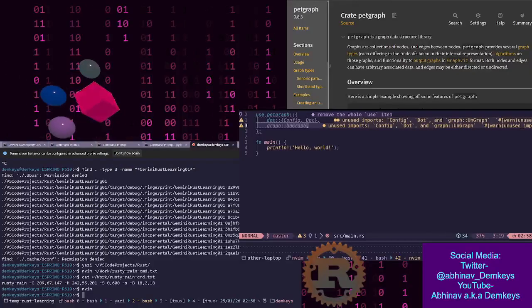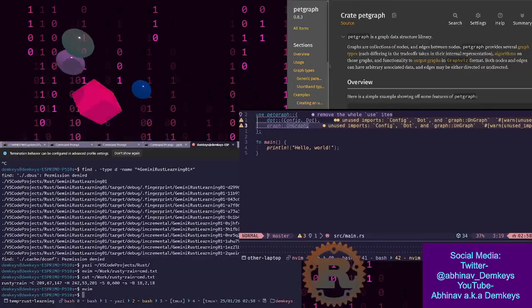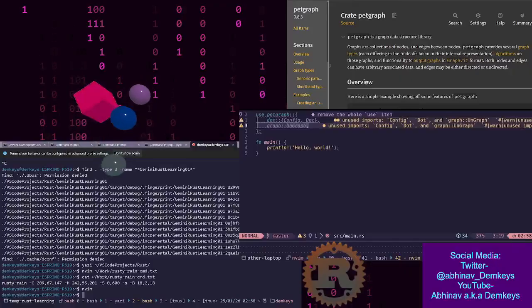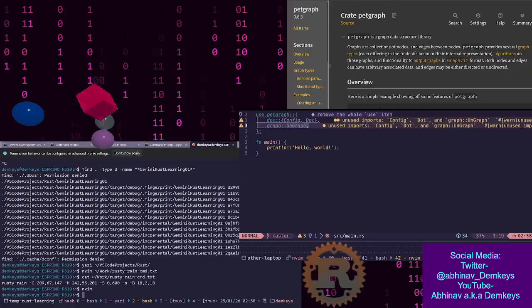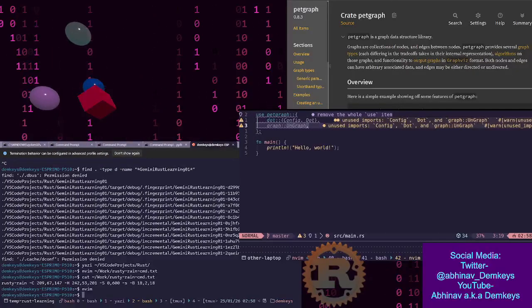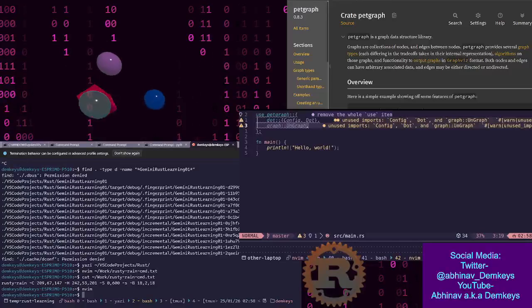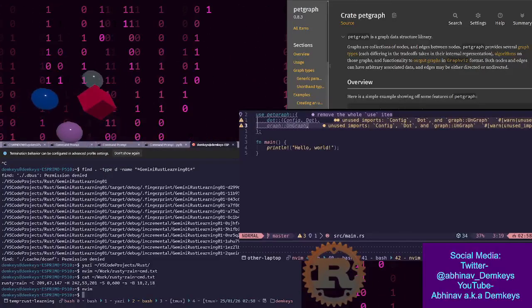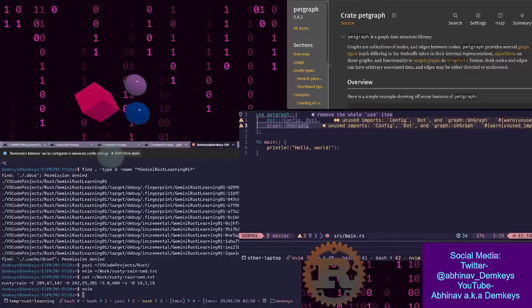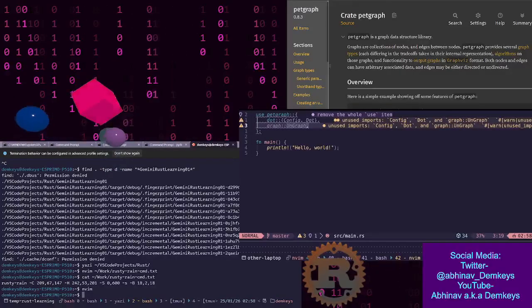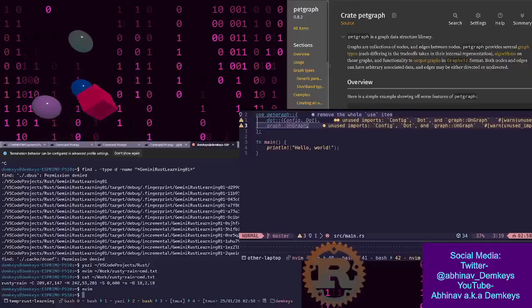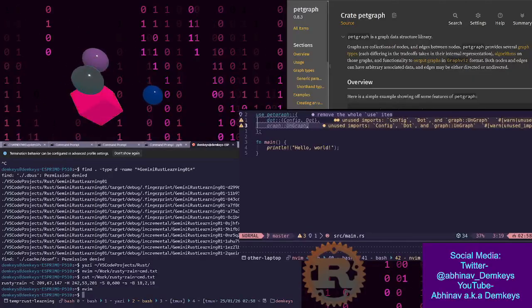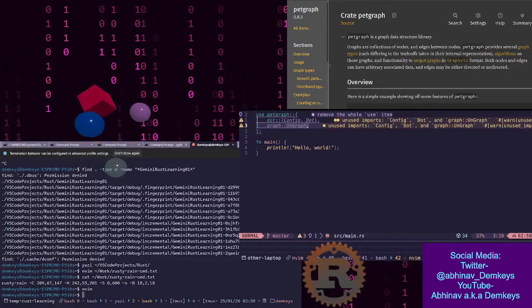Because I can just use this crate, build the entire graph, and then export it to the dot format using petgraph itself. And additionally, this allows me to focus on building the graph data structure within Rust code and then exporting it to this format if I need to.